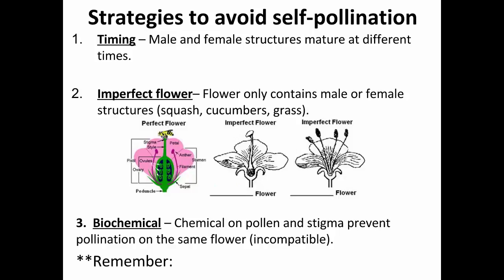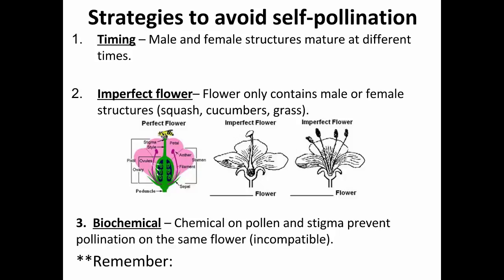Another way is through imperfect flowers. This is a perfect flower. Lots of plants have perfect flowers, which means they have both the male and female reproductive structures within one flower. Some plants, however, have imperfect flowers.